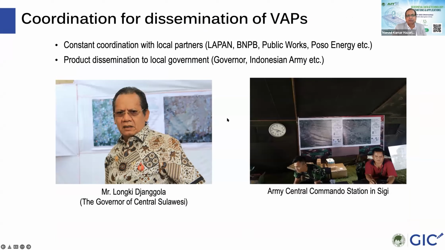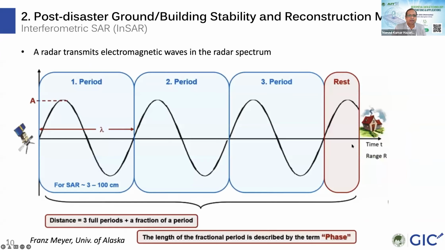Because we work with the local government or provincial government, and also a lot of technical agencies together, our products were very useful for them. This is the governor of Central Sulawesi. Behind him are our images. He talked to the press, praising our work. Also, Indonesian paramilitary forces used our products during this big disaster.